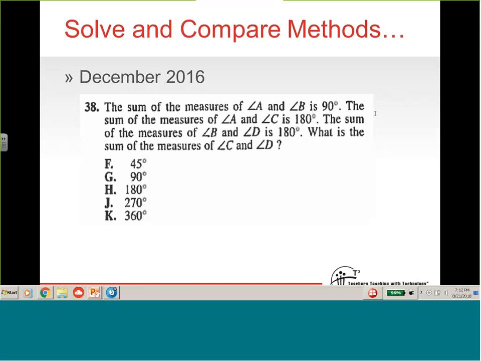I've just asked a question in the chat window. How did you solve this? What method did you use to solve this?